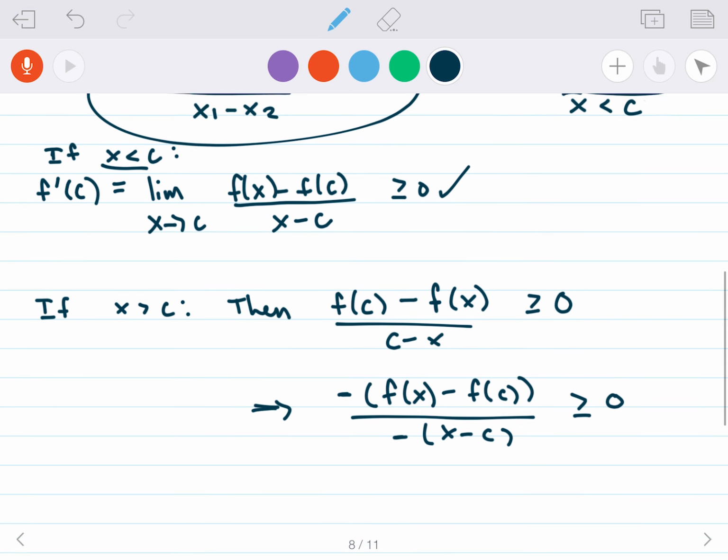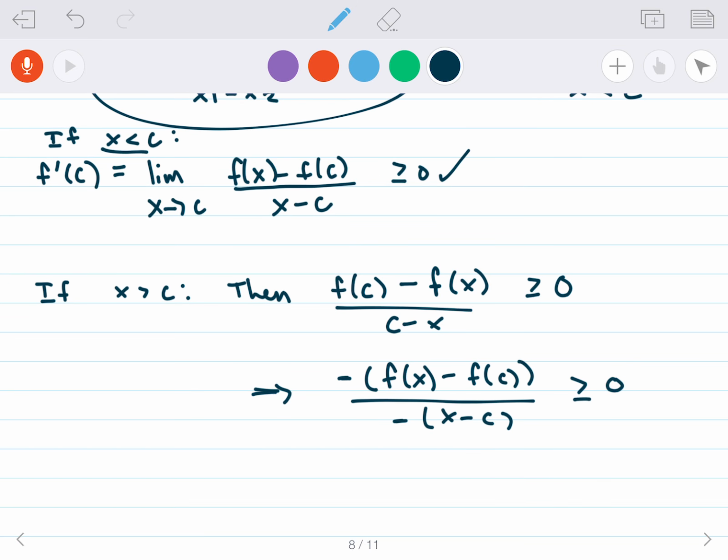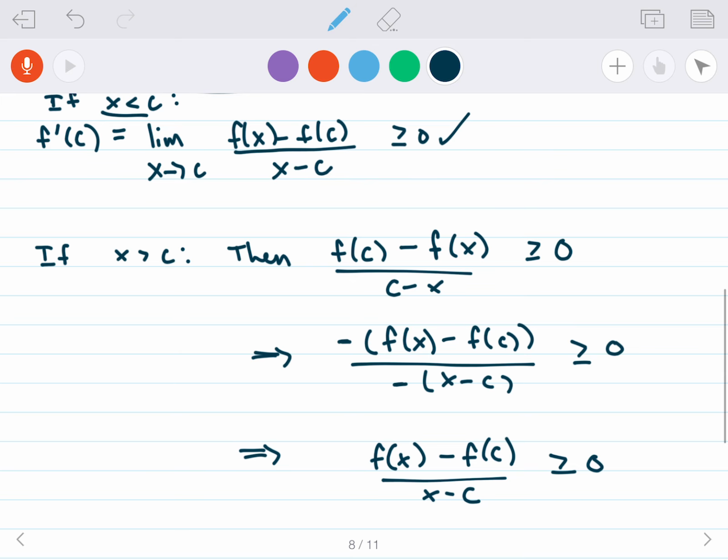All right, and then when you multiply by a negative, the sign flips, but then when you multiply by this other negative, it's going to flip again. And so that's going to imply that f of x minus f of c over x minus c is going to be bigger than or equal to 0. And so the limit as x goes to c, which is our derivative, is also going to be bigger than or equal to 0.